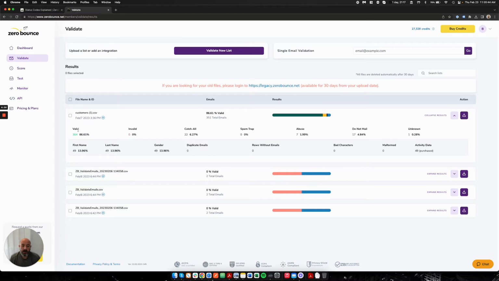Abusers. These are valid email addresses, but what is different here is that they're what we would consider known complainers. So a complainer in our world is someone that will mark you as spam if you send an email to them, and specifically mark you as spam, not unsubscribe. Unsubscribe is okay. You want your customers to unsubscribe if they don't want your newsletters.